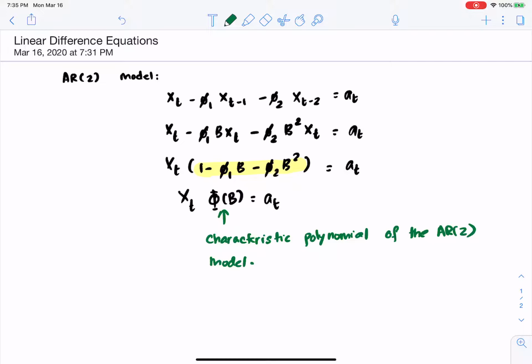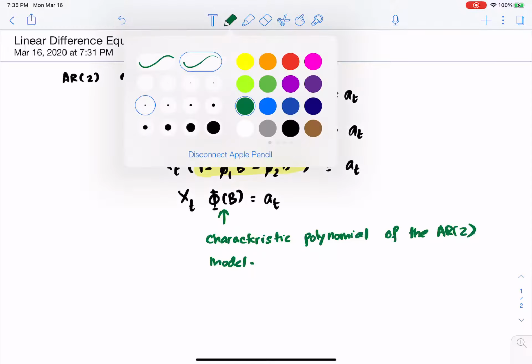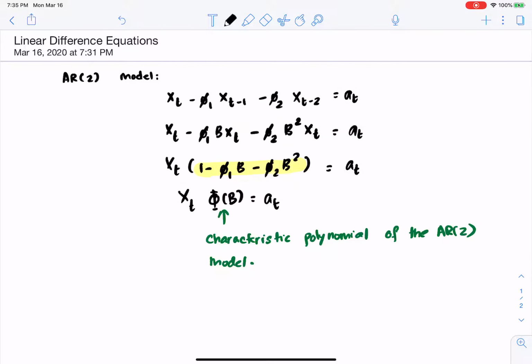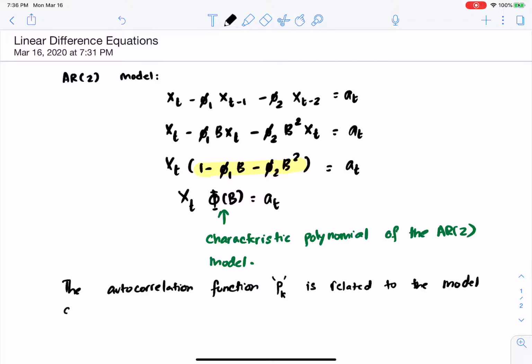So in our case, we know that the autocorrelation function rho k is related to the model coefficients.